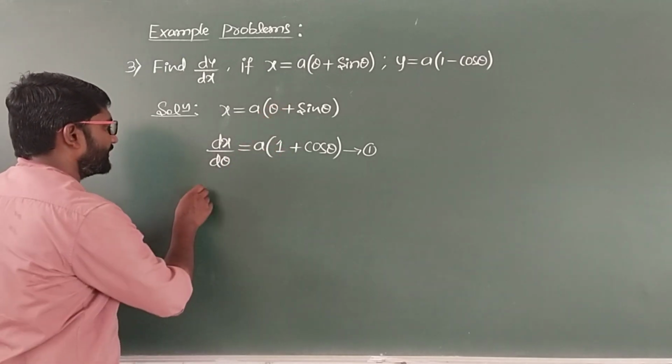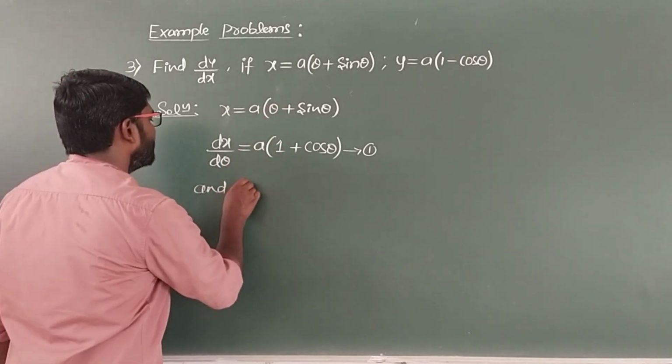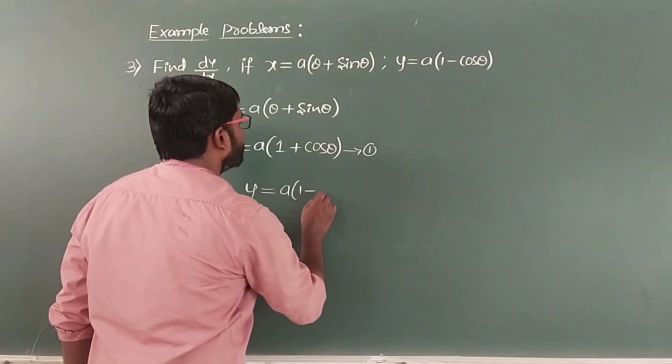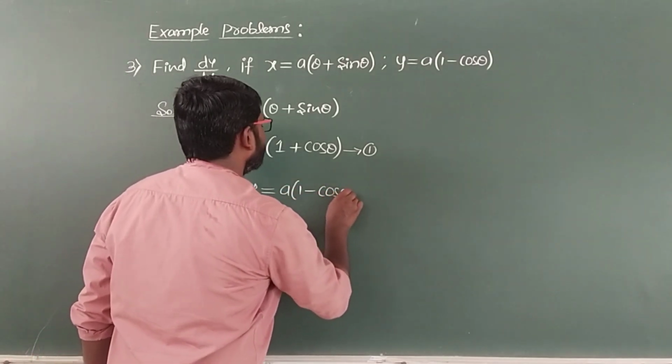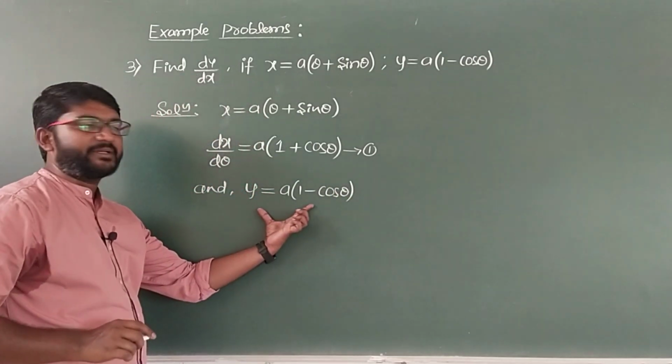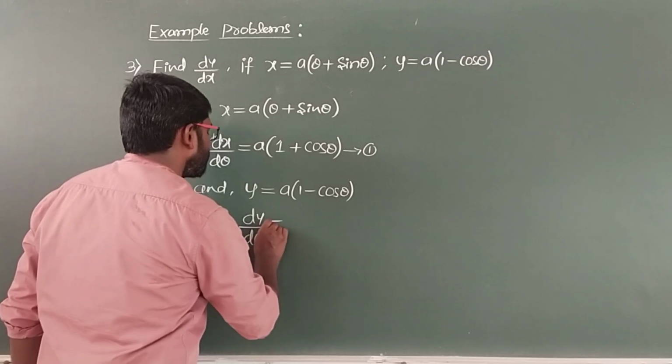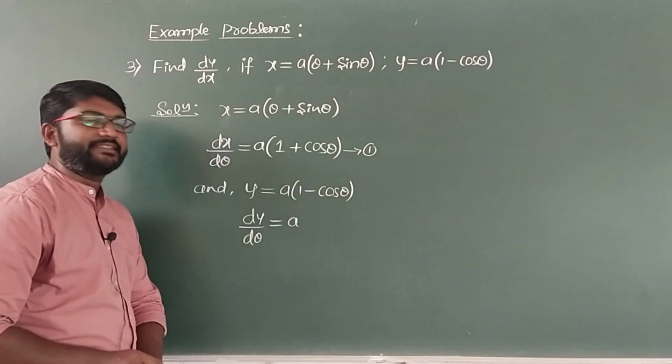Consider the second equation now, y is equal to a into the bracket 1 minus cos theta. So differentiate both sides with respect to theta. We get dy by d theta is equal to, a is a constant, write it as it is.